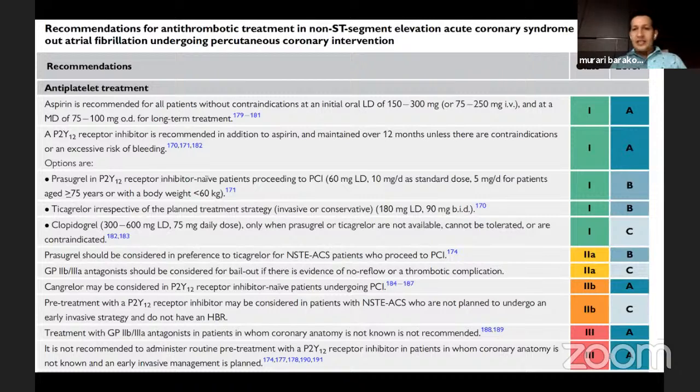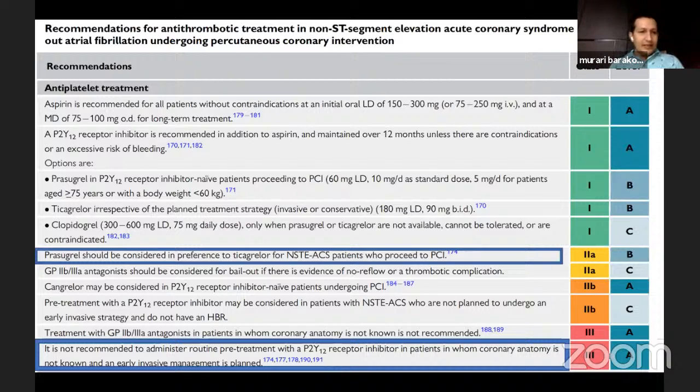So this has been modified or revised in the 2022 guideline. The basic things are mostly the same. The thing is that prasugrel is more preferred over ticagrelor in non-ST segment elevation MI if it is available.